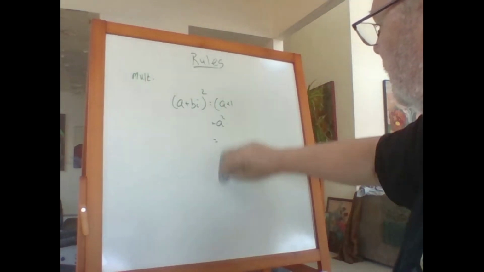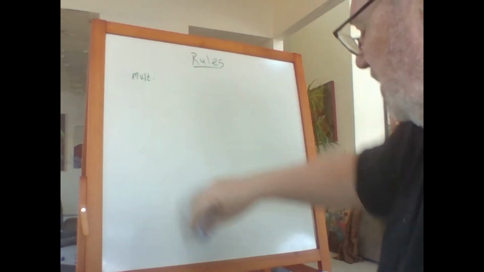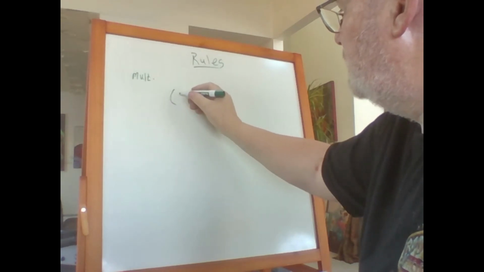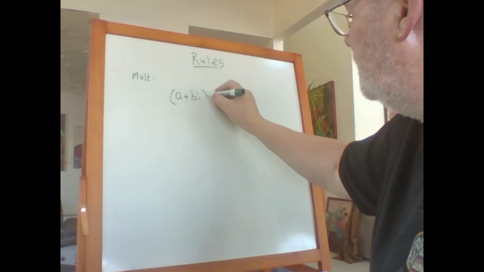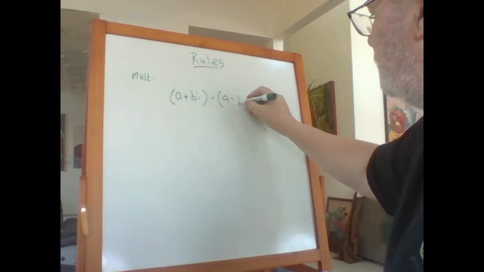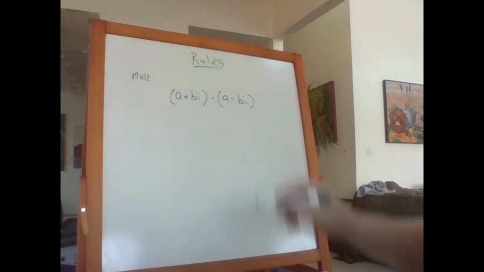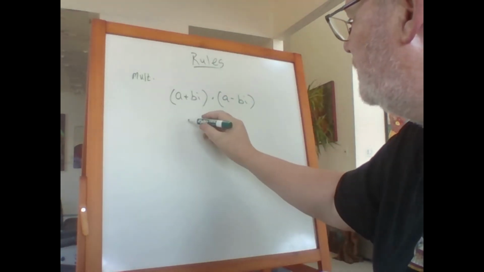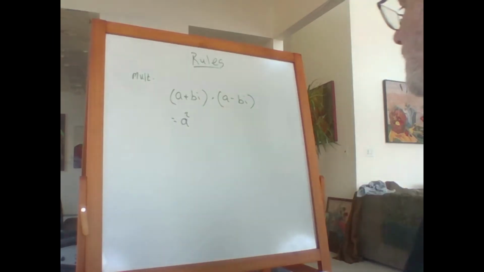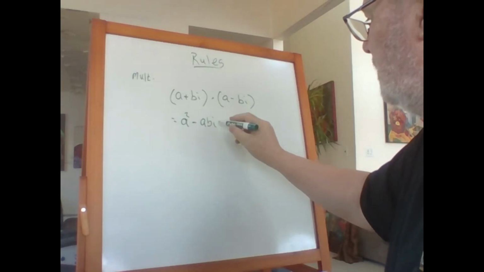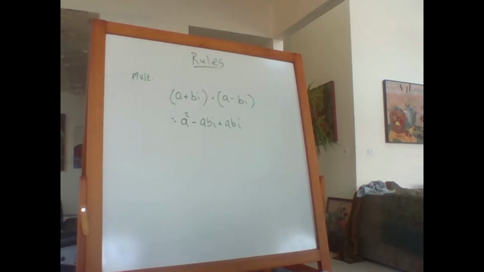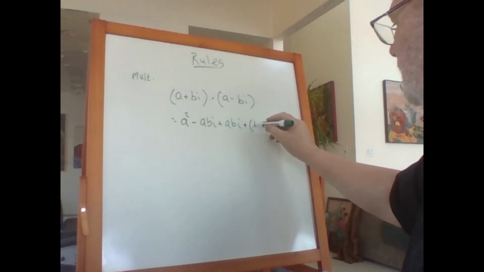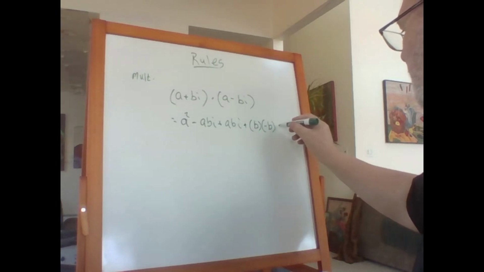Okay, and there's one special multiplication that always yields a real number, and that's when you multiply conjugates. a plus bi times a minus bi. We call that a conjugate of this. So a squared minus abi plus abi, those cancel out, plus b times negative b i squared.